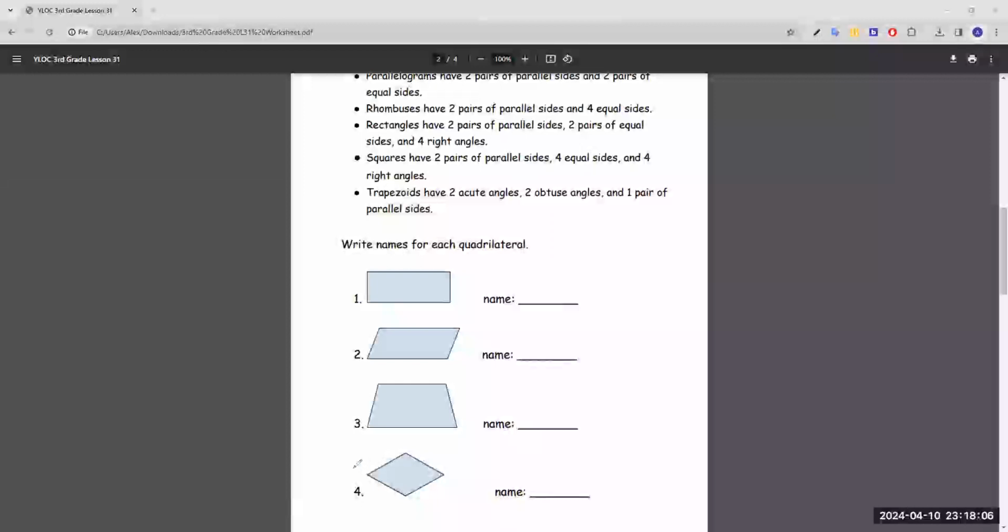So we see that there are two pairs of parallel sides and there's zero right angles and all the sides are equal lengths. Now looking at our descriptions here, it can't be a parallelogram because there's not two pairs, and it is a rhombus because all the sides are equal with two parallel sides.